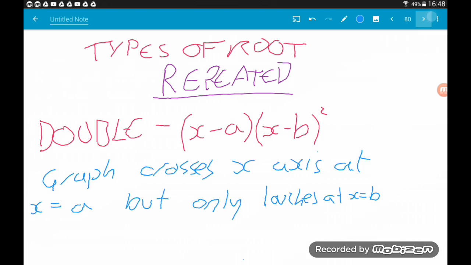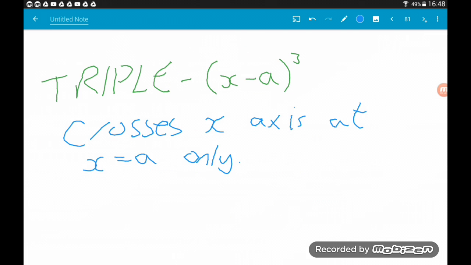The other type of repeated root that we have is a triple root. A triple root comes from when you have something like x minus a cubed. It's called triple because this factor is cubed. What happens at a triple root is the graph crosses the x-axis at this point.